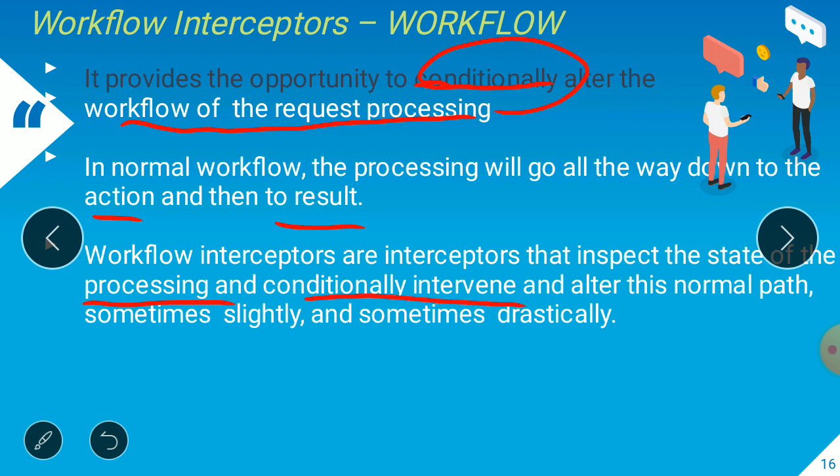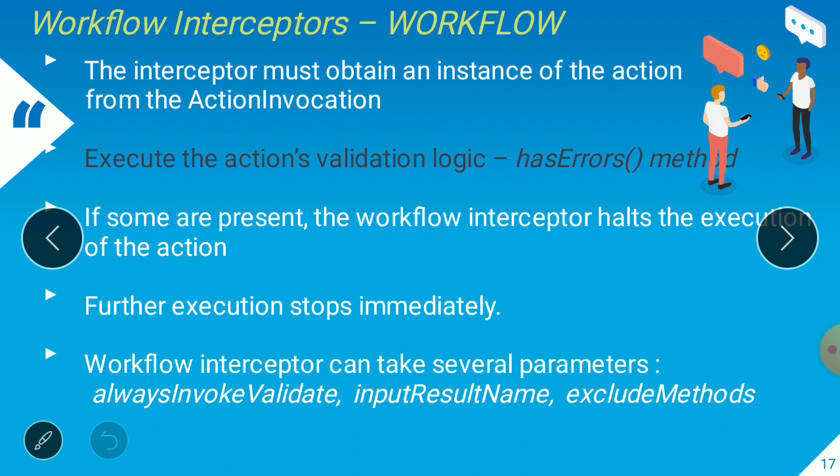If some condition is true, it alters the normal path, sometimes slightly or sometimes drastically. If we mention a condition, and if that condition is met, it is going to alter the normal path. So the first interceptor we are going to see in this category is workflow.